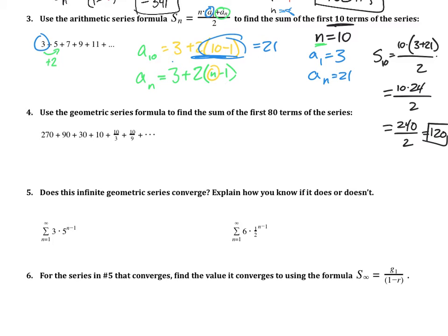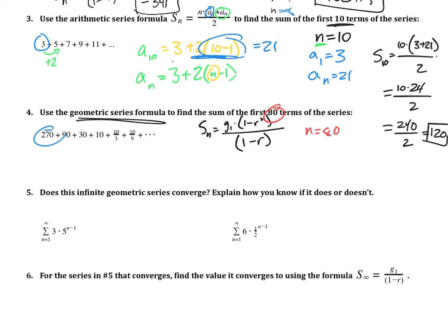This one, we need to use the same geometric series formula that we used already. We can identify that n is 80 because we're adding the first 80 terms of the series.